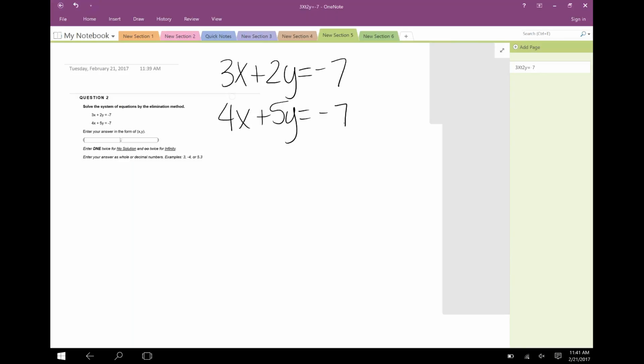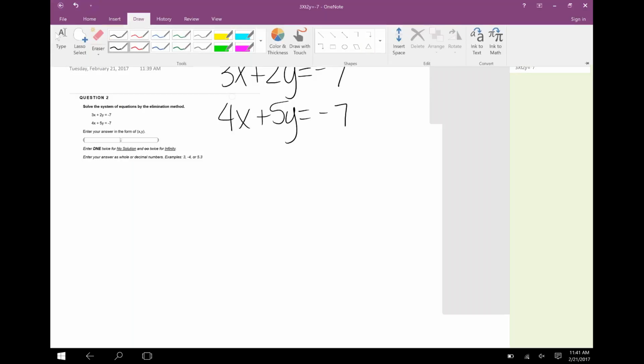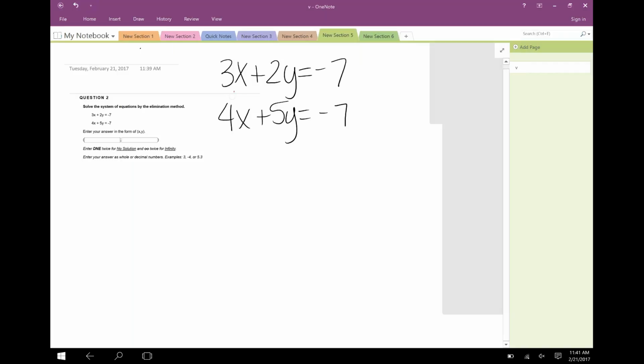So basically, you decide which variable you want to eliminate, and it really doesn't matter. It's all up to you as the person solving the system. So I'm going to eliminate x. That's just my choice. So I want to focus on my x terms.